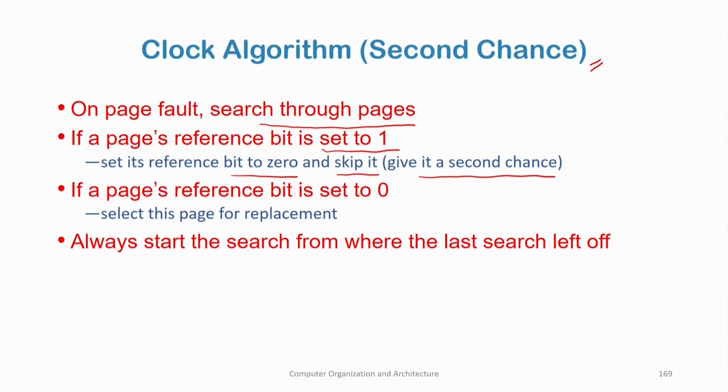Now, if a page's reference bit is 0, it is selected for replacement. Among all pages that are 0, I use the FIFO strategy to replace one. It starts the search from where the last search left off.